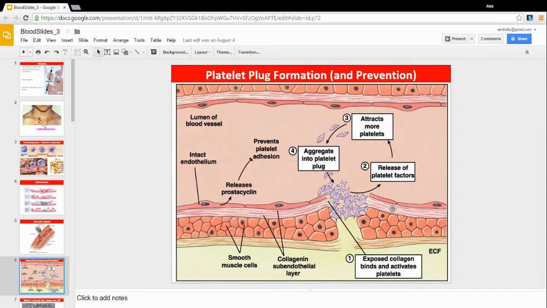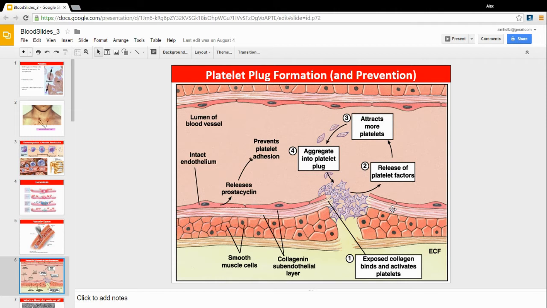So more platelets come, get turned on, get sticky, become part of the plug, release chemicals, which attract more platelets, and so on. Do you remember what this type of process is? This is positive feedback. And the value of it here is it builds the platelet plug fast.